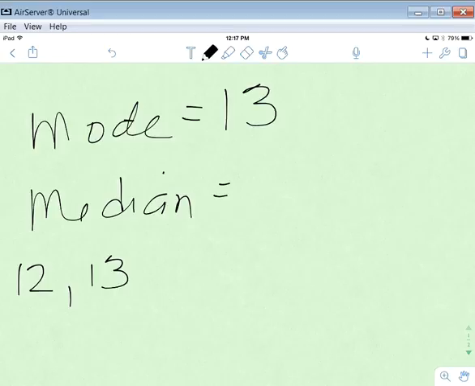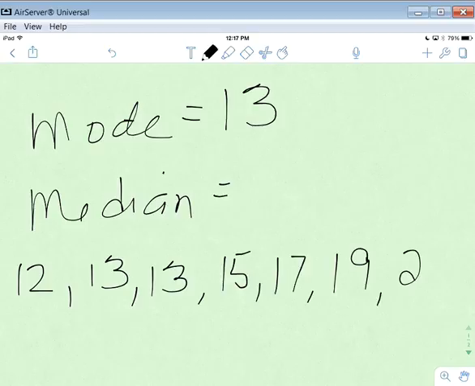And then we have a 15 and a 17 and a 19 and a 23. So the median is going to be the middle number, which when we only have 7 numbers, it's easy to see that our middle number is going to be 15. So the median is 15.